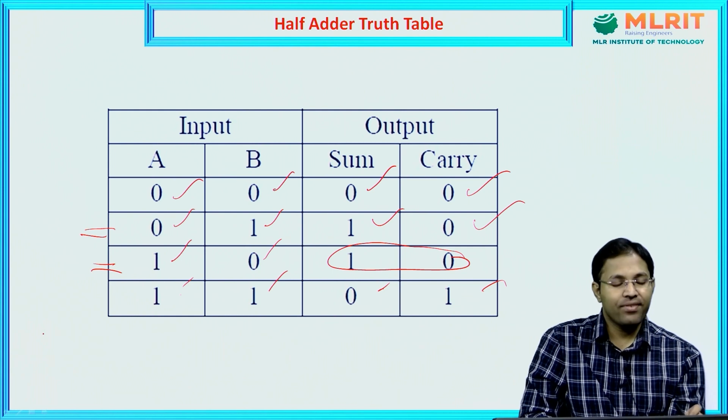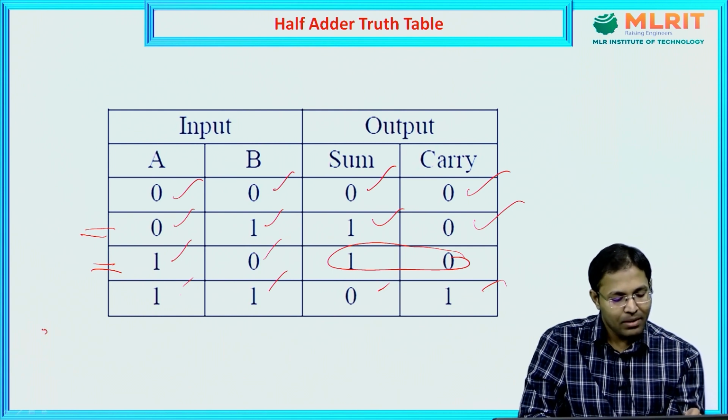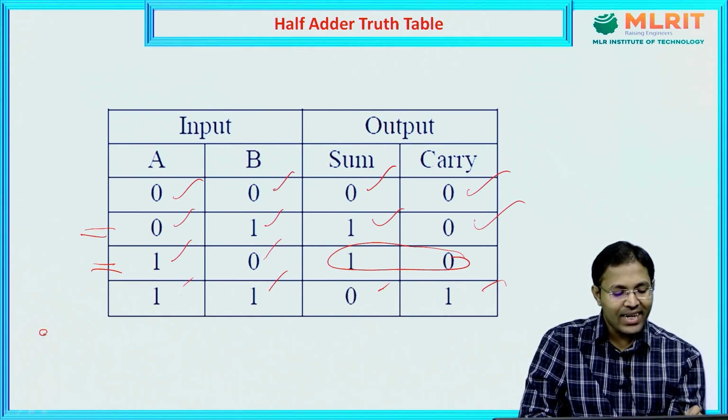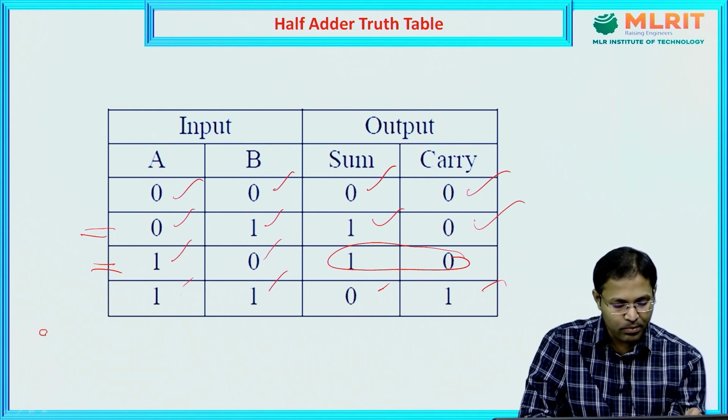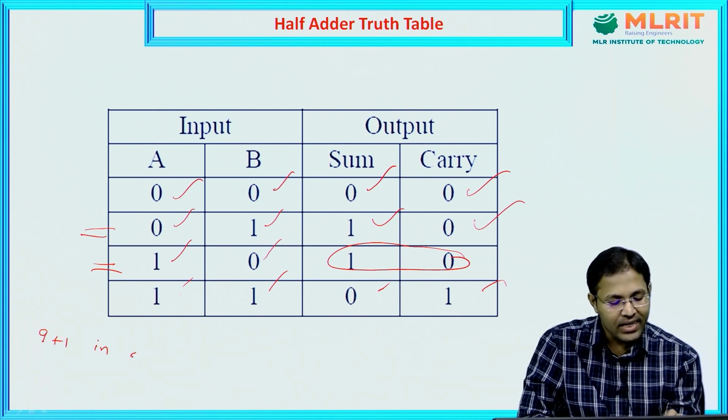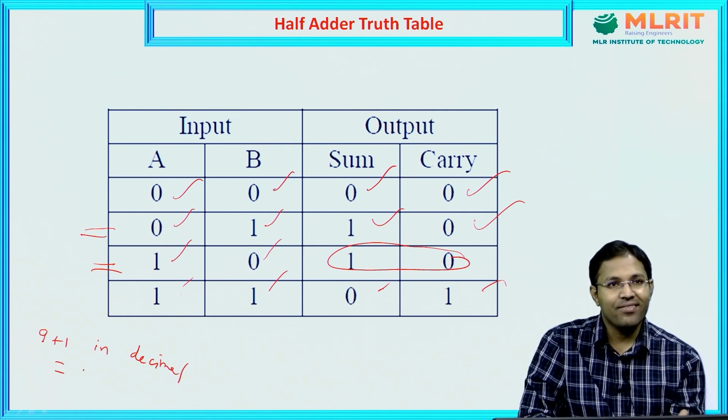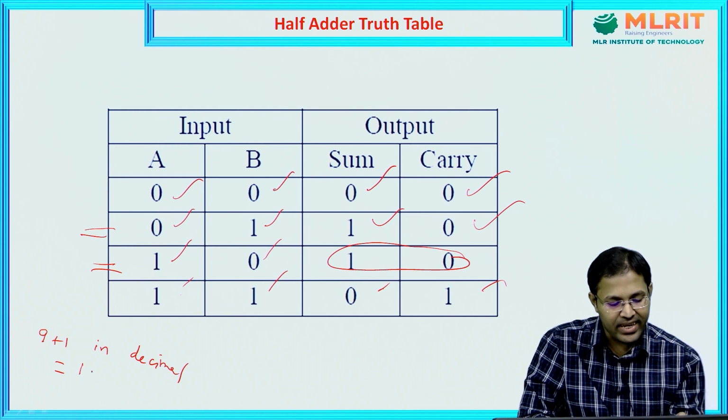To understand this, let us take one small example. To understand the binary addition, let us perform decimal addition and then understand binary. Suppose if you want to do 9 plus 1 in decimal, then what we do? We get the result as, you know very well, 10.